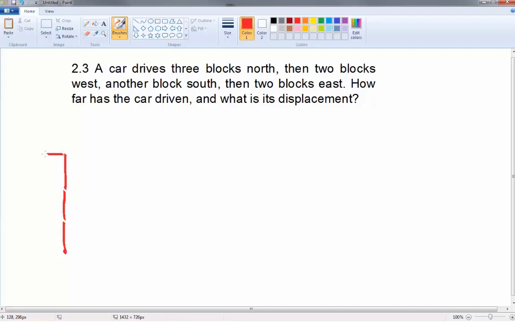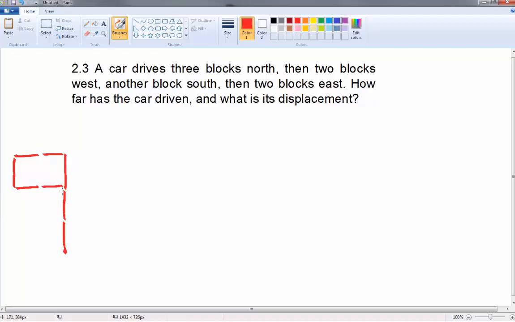So we go 1, 2 to the west. Then it says go a block south, so 1 south, then 2 blocks east. 1, 2. That may look like kind of a silly path to take, but if you imagine this car going in a downtown area where there maybe are lots of one-way streets, this maybe makes some more sense.